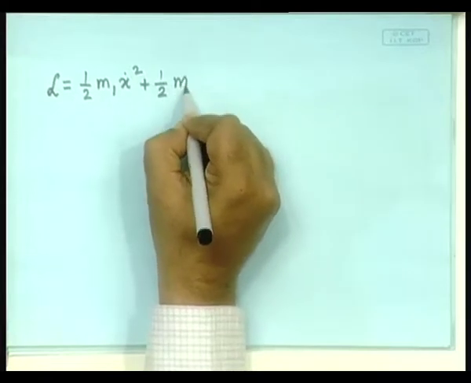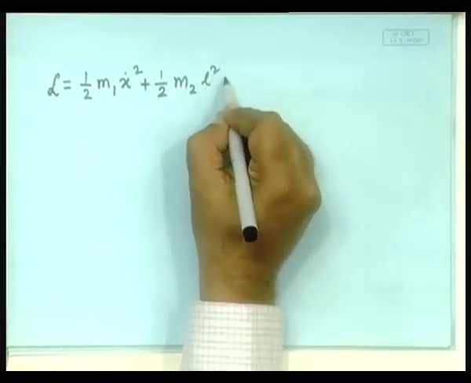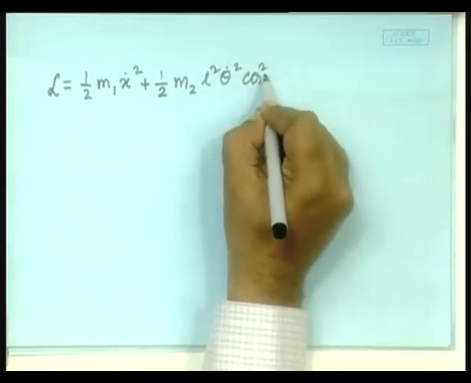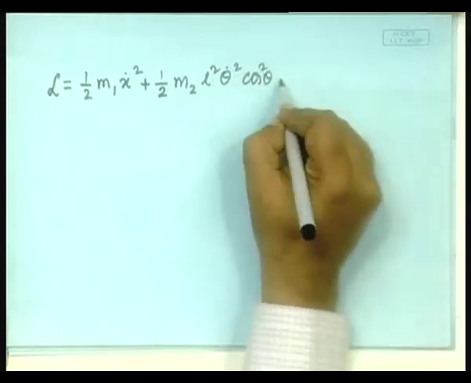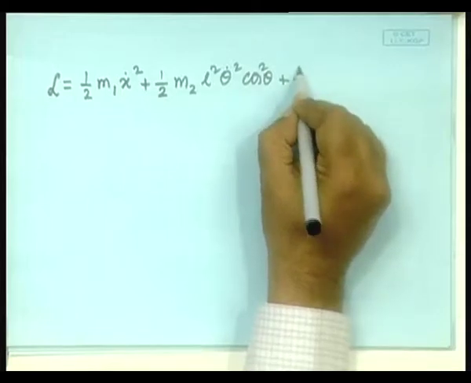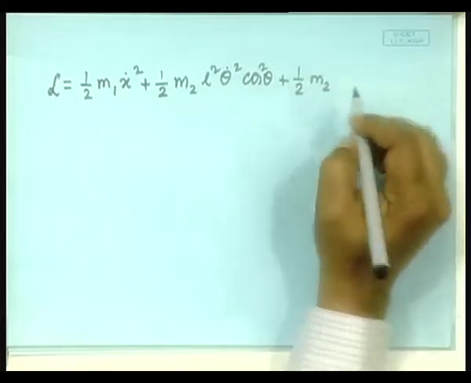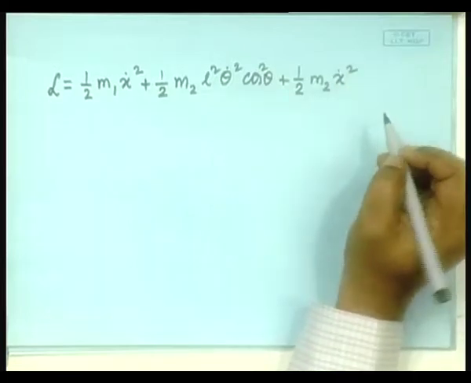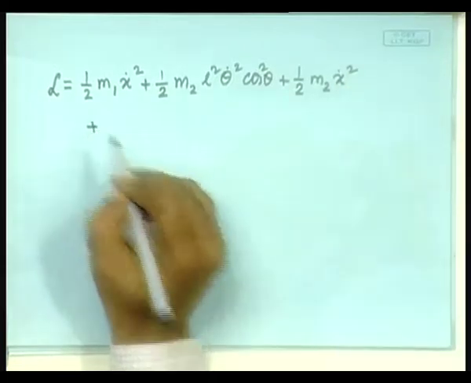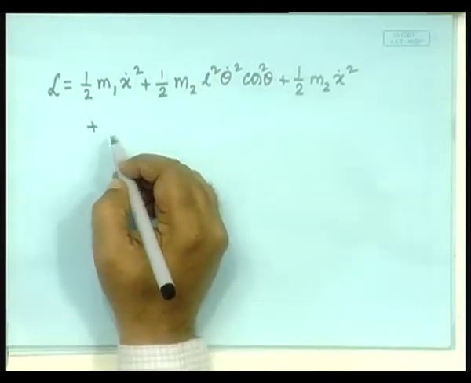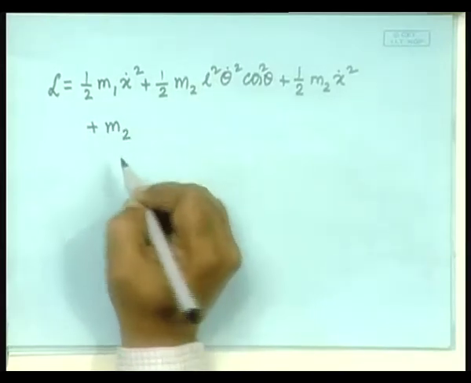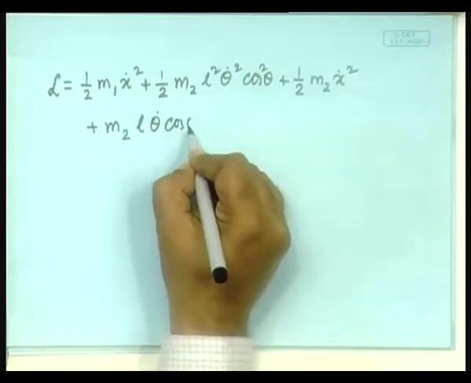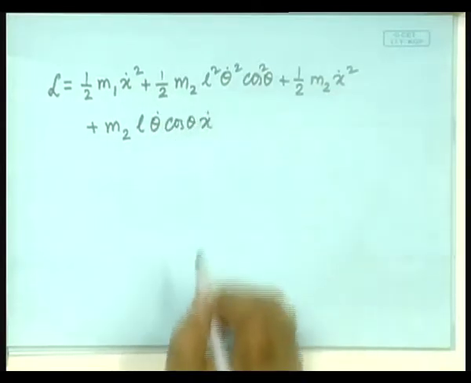Half m2 L square theta dot square cos square theta plus half m2 x dot square plus half goes of m2 L theta dot cos theta x dot, right.